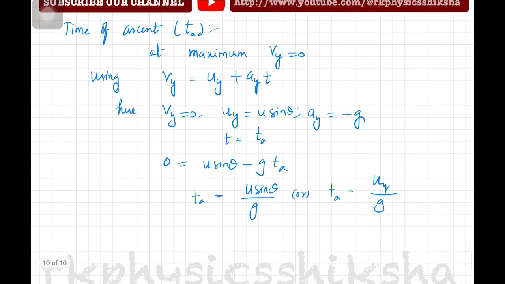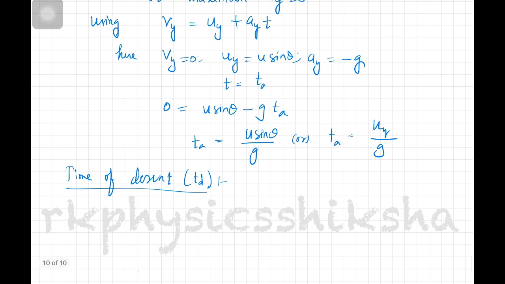Next, time of descent. For the calculation of the time of descent, we assume that the particle is under free fall at maximum height. I consider the initial velocity at maximum height, when it is under free fall, to be equal to 0, because when the particle is under free fall, its initial velocity will be 0.